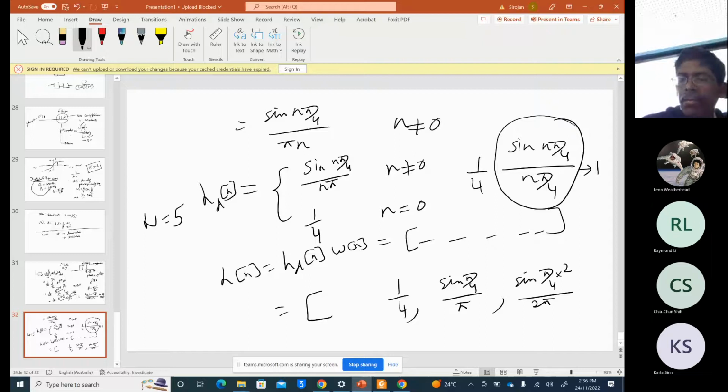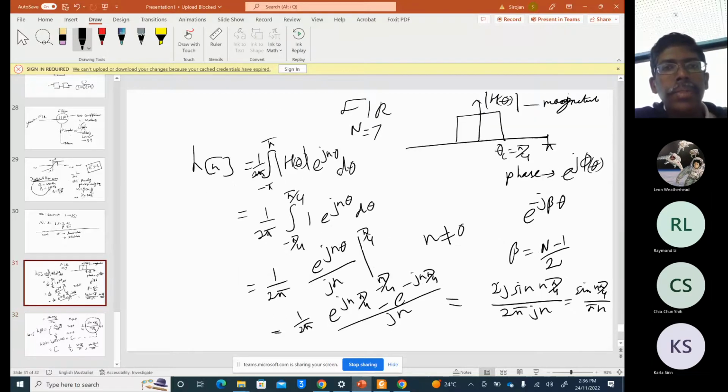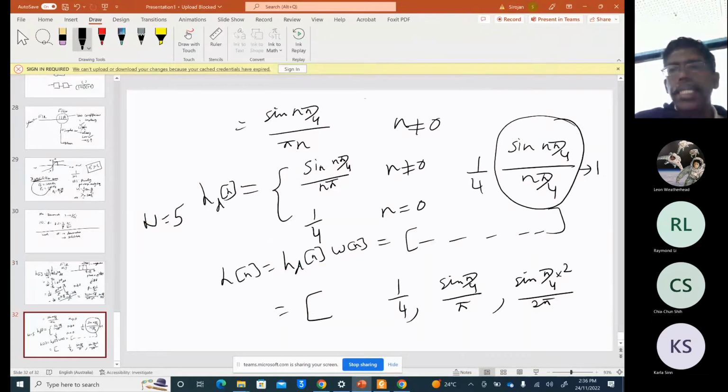Remember that in the previous one, we started with the magnitude response. We did not have a phase response, so that means we did not impose the linear phase condition. Here we have to impose it. So how do we make it? We can make it linear phase because for linear phase, we know the impulse response is symmetric.